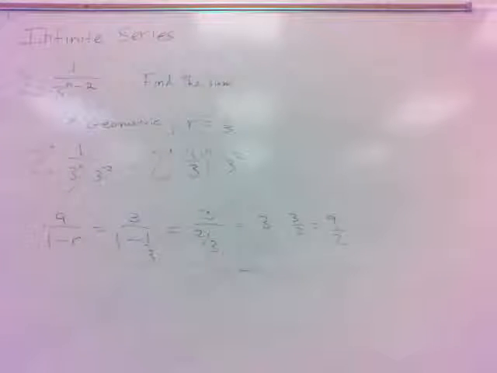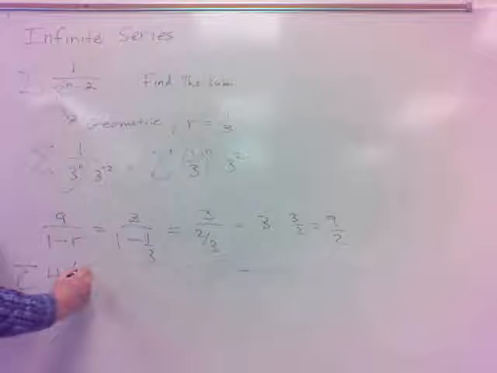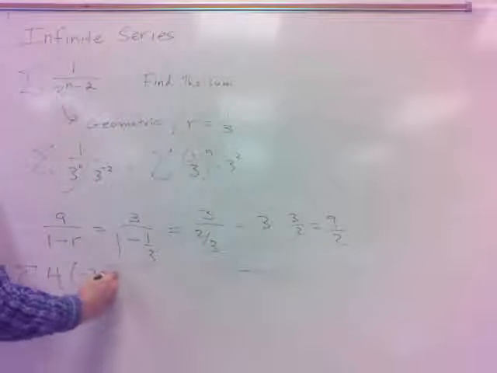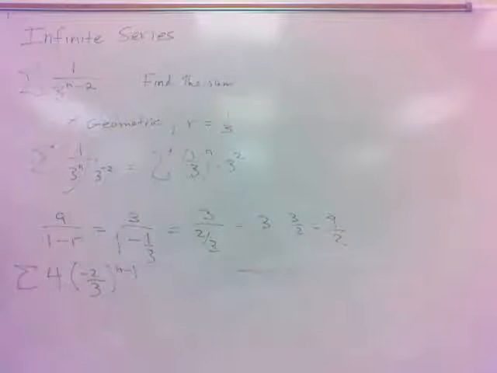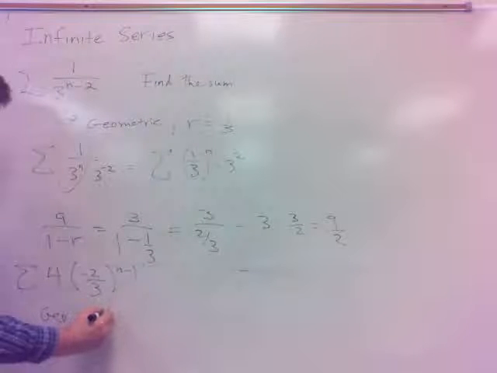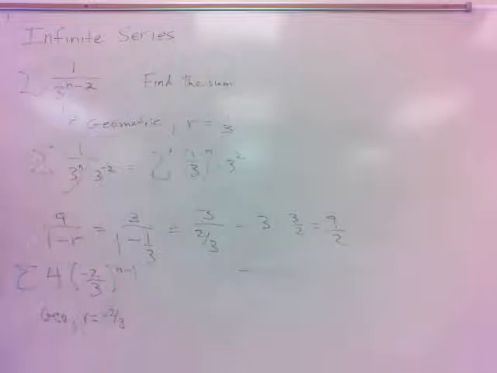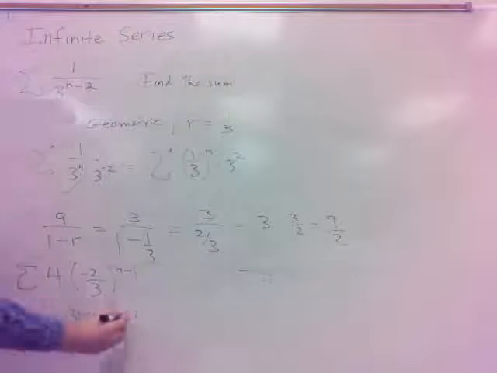One more. Is that okay? What about 4 times negative 2/3 to the n minus 1? Yeah, this one's geometric. r equals negative 2/3. Is that one summable? Yeah. It's in between negative 1 and positive 1, so I can find the sum.